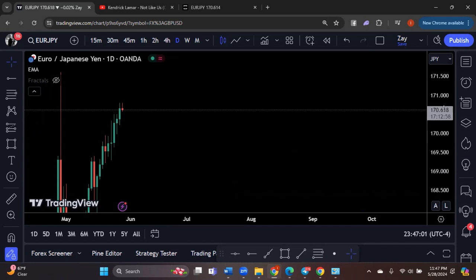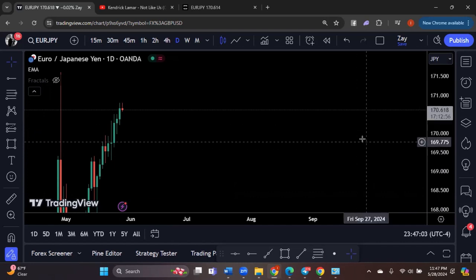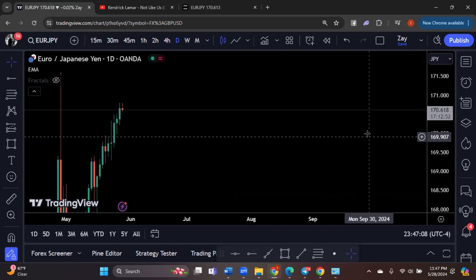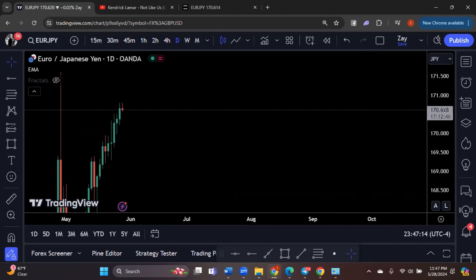So if market goes to 62, that's 1 pip. If it goes to 170.628, that's 1 pip. If it goes to 170.63, that's 2 pips. You know what I'm saying? You're focusing on that number, right? So right now, that's just 1 pip that it just went up from 161. Technically, it was 161.18, so it was like 2 cents. Now it's 4 cents.